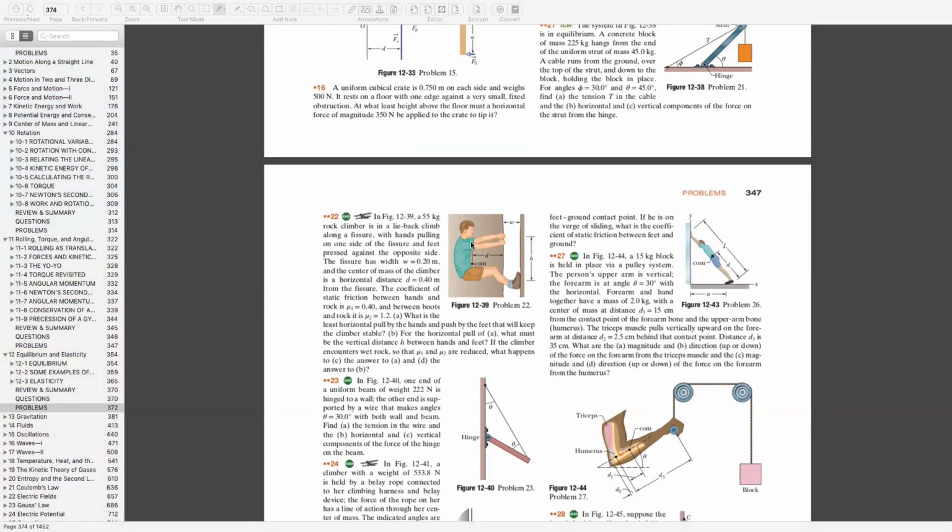So the guy, if he wants to remain stable, so the torque has to be, so, okay, did you finish reading? I'm still writing things down here.